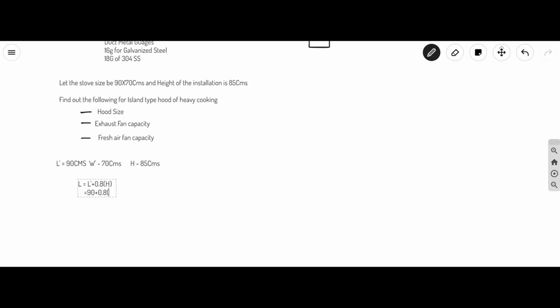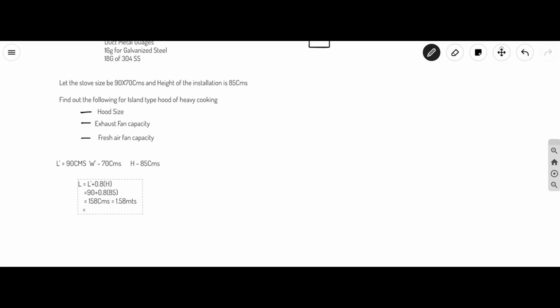What is the value you will get? 158 centimeters, which is 1.58 meters. So 1.58 meter convert into feet.